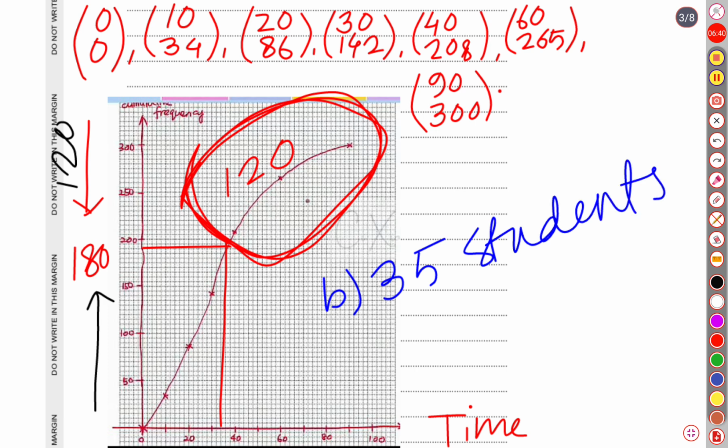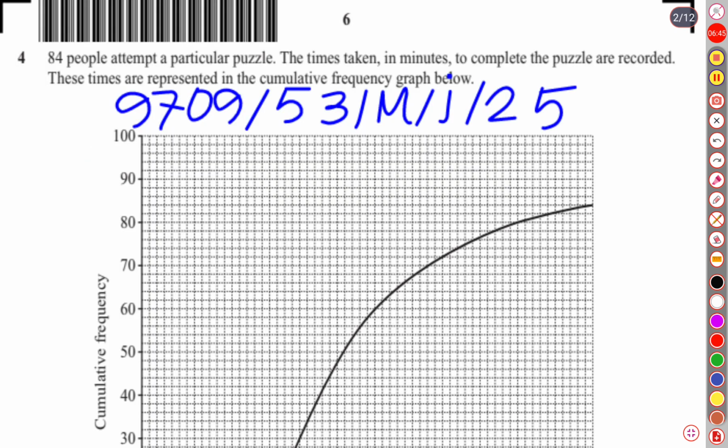Well, the next question belongs to paper 53. The next question has been selected from paper 9709/53 for the session May June 25, and question number 4 belongs to cumulative frequency graph. It says 84 people attempt a particular puzzle. The times taken in minutes to complete the puzzle are recorded.